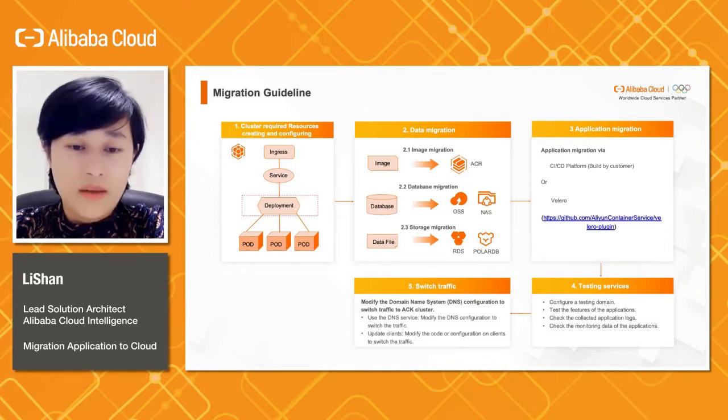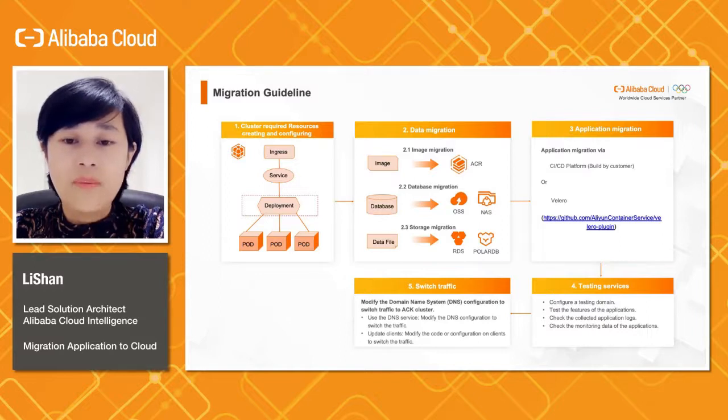We should plan which type of Kubernetes cluster we will adopt, how many worker nodes we need, which region to provision the nodes, etc. Step 2, data migration, includes Docker image migration, database migration, and storage migration. In each part, we also provide tools to help you easily migrate.